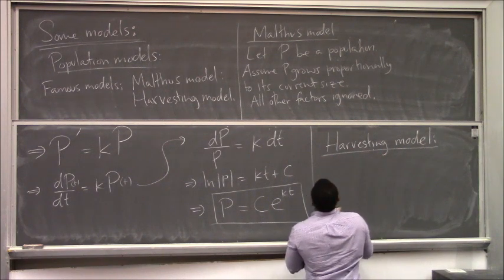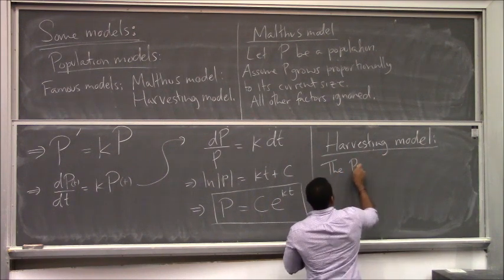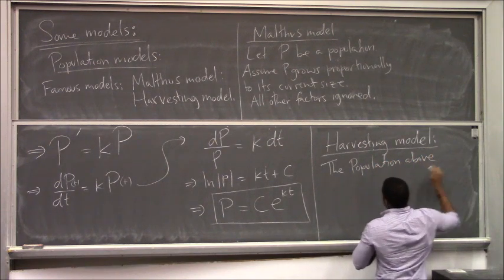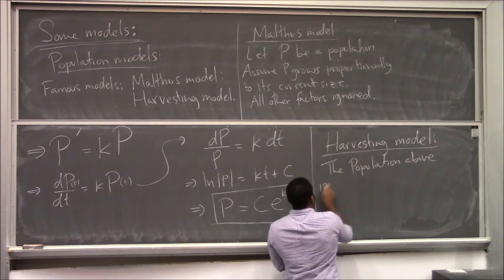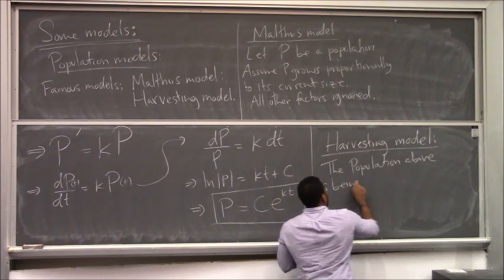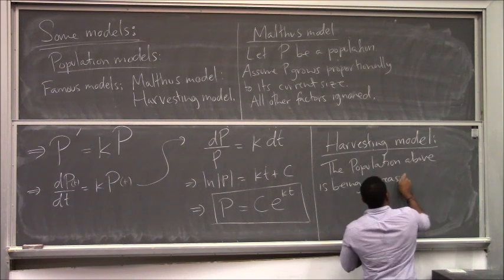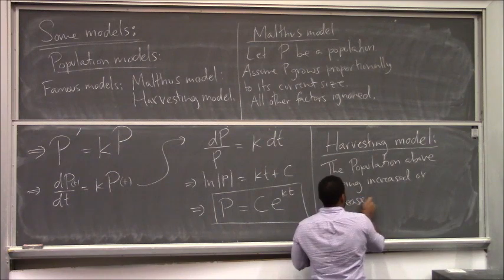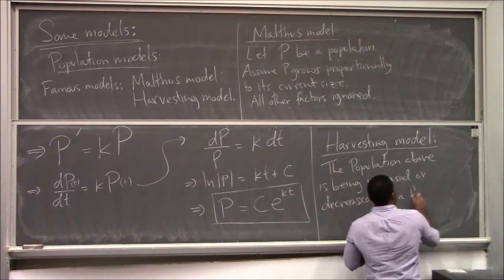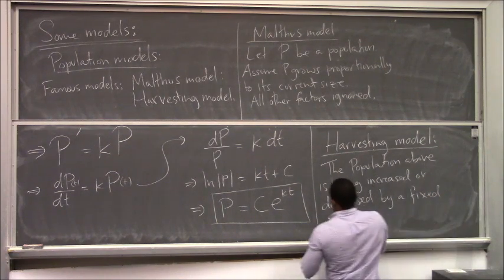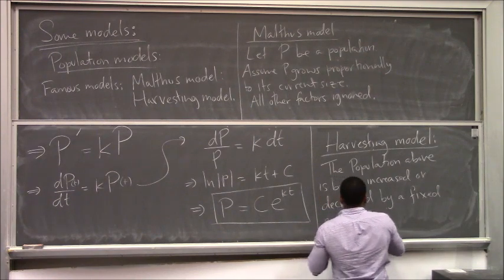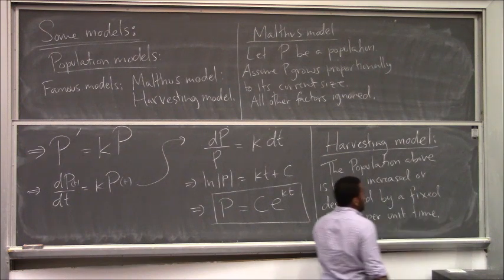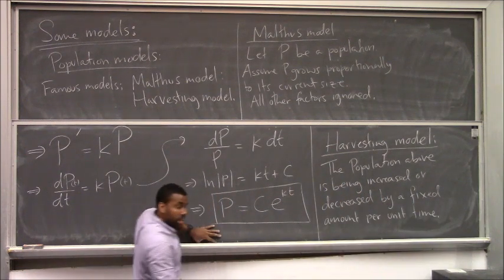It says the population above is being increased or decreased by a fixed amount per unit time. So here's where usually this is how an external factor might be introduced.